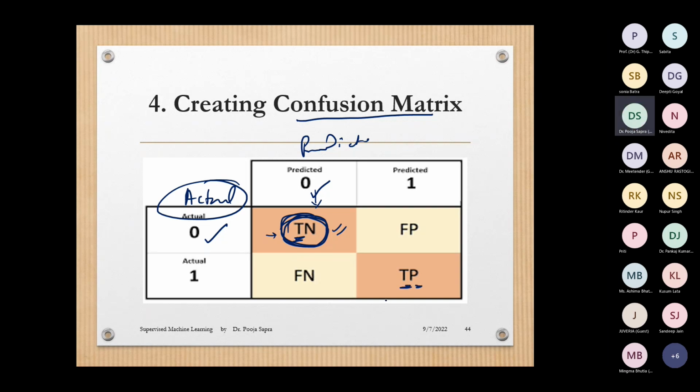Here it is a true positive: both are positive, and true means both actually match, right? Similarly, we have false negative and false positive. A false negative means actually it is true, but predicted is false. Here, actually it says 0, but predicted is 1. So what we require are the true negatives and true positives, right?